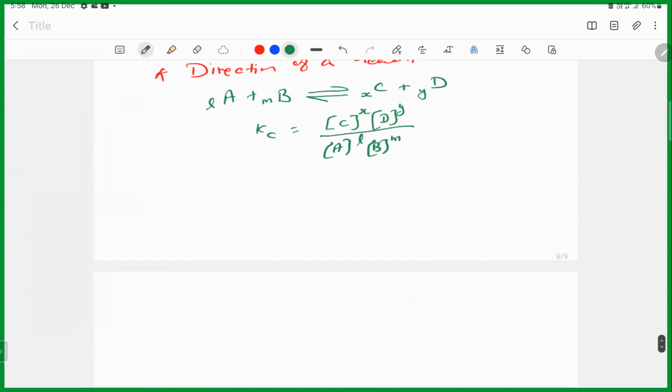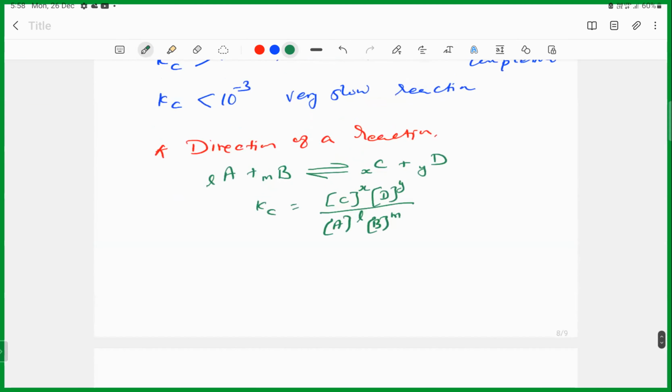So when you are writing the equilibrium concentration, same thing. Actually, how do we write Kc? Concentration of product, without moles, we will write.